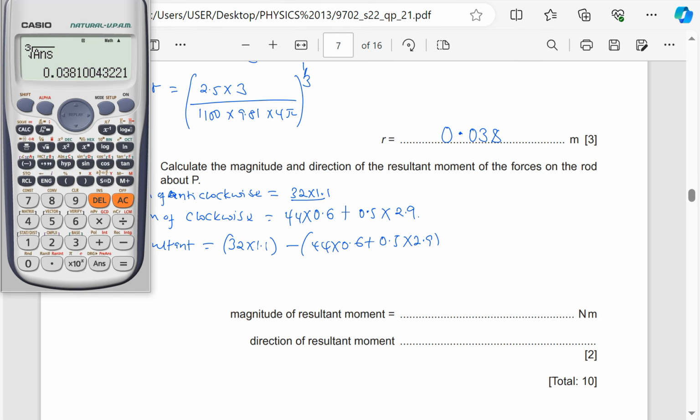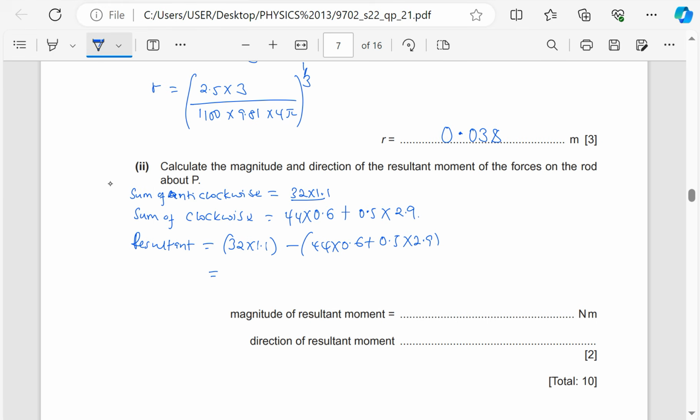So I'll press my calculator. 32 times 1.1 minus 44 times 0.6 plus 0.5 times 2.9. This is giving me 7.35. So the resultant is 7.35, which is approximately 7.4.